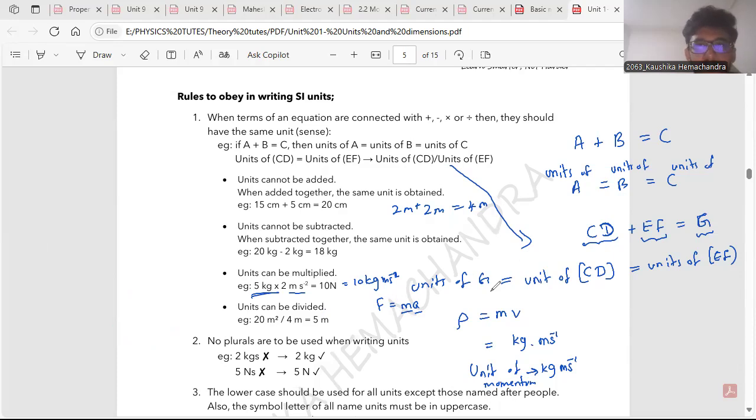There are no plural units. Only when speaking do we use the plural term. You don't show plurals when writing units. Okay?